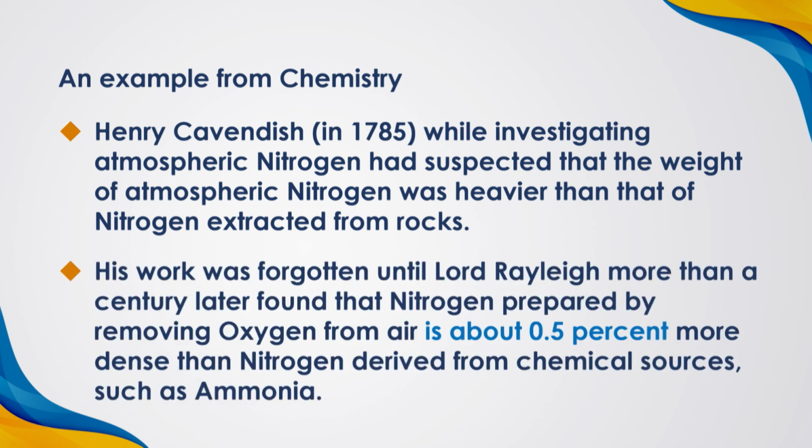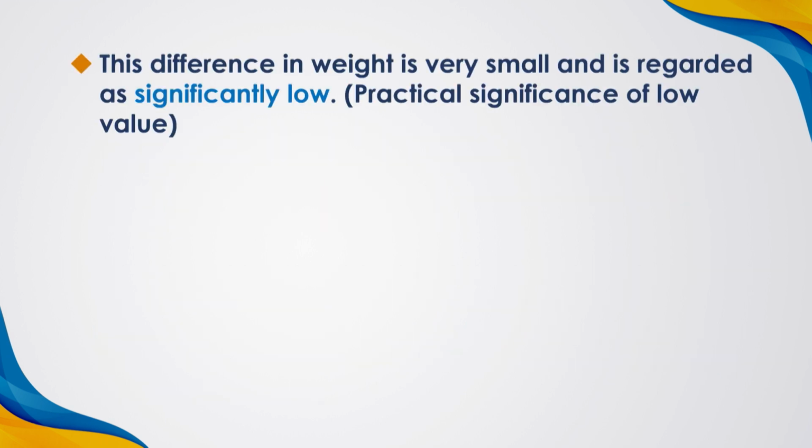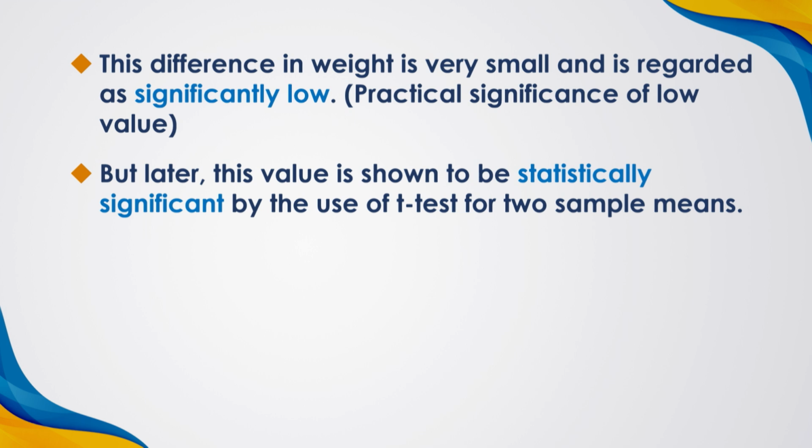His work was forgotten until Lord Rayleigh, more than a century later, found that nitrogen prepared by removing oxygen from air is about 0.5% more dense than nitrogen derived from chemical sources such as ammonia. This difference in weight is very small and is regarded as being of low practical significance. But later this value was shown to be statistically significant by the use of a t-test for two sample means.